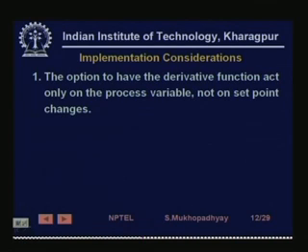I will just list them. They are in no particular order, and some of them you have already seen. You have already seen the option to have the derivative function act only on the process variable and not on set point changes, because set point changes can be step-like. That would suddenly induce a very high input to the plant.